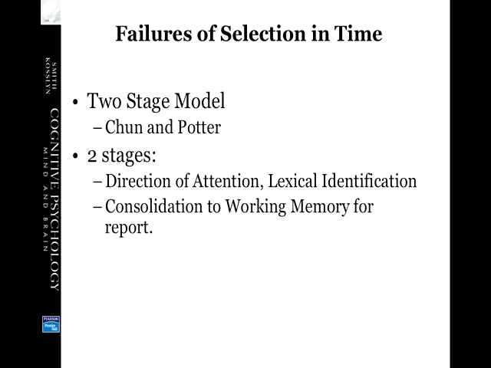So I'm identifying that it's part of what I've been told to do. That second stage is a consolidation to working memory. And so what that means is that I have figured out this is the word I need, and I'm trying to keep it in memory long enough to tell you that was the word I saw at the end of the experiment. Okay, so I found it, I'm going to remember it, is essentially what's going on.